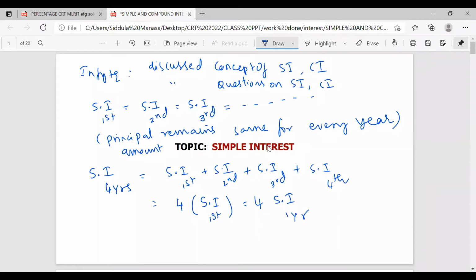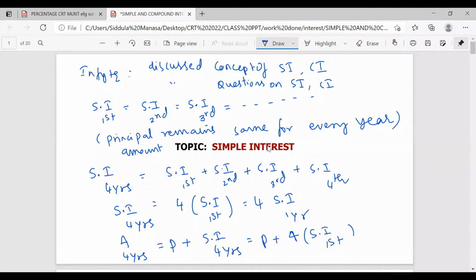Simple interest for 1 year, if you multiply with 4, becomes the simple interest for 4 years. What is the amount you are going to get at the end of the 4 years? Principal amount plus simple interest for 4 years. So we can write it as principal plus 4 times the simple interest for the first year. Like this we can write.